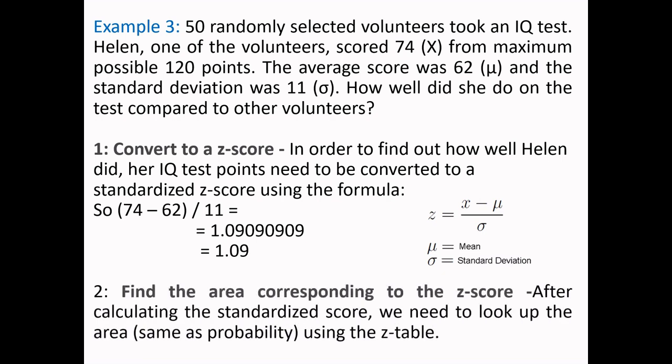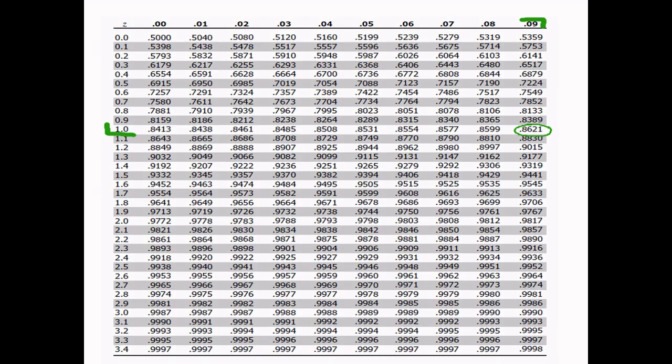Now to comment how well she performed as compared to other volunteers, we are going to find the area corresponding to her Z-score. So after computing the standardized score, we need to look up an area, which is the same as a probability, using a Z table.